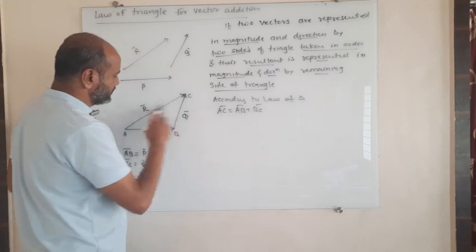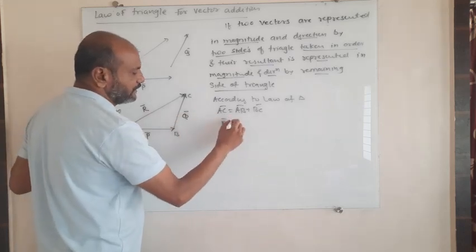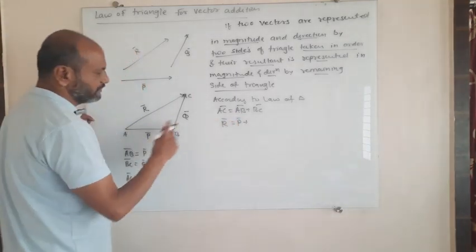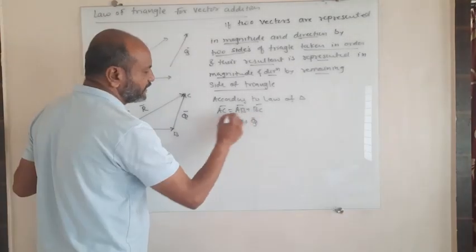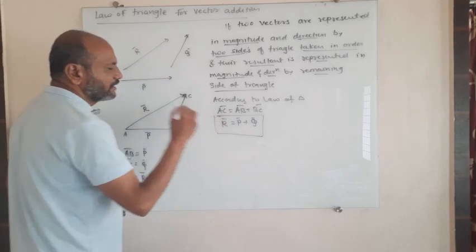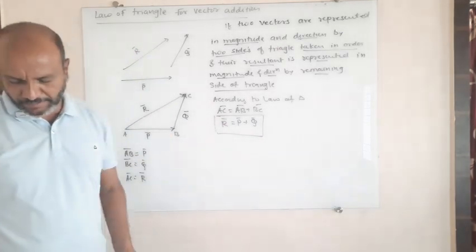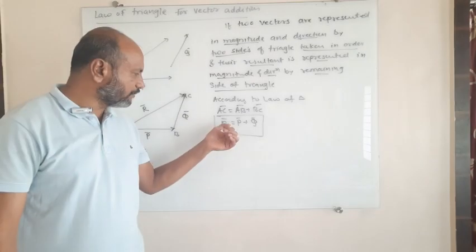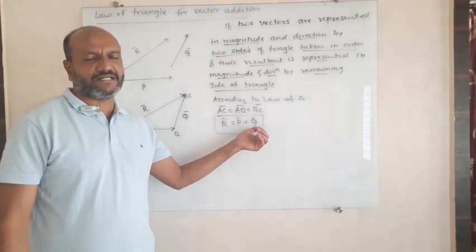But AC bar means R bar, AB bar means P bar, and BC bar means Q bar, and therefore finally we get R bar is equal to P bar plus Q bar, and R bar is the resultant vector of P bar and Q bar.